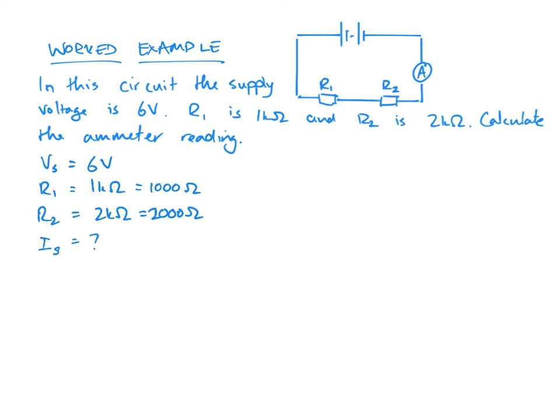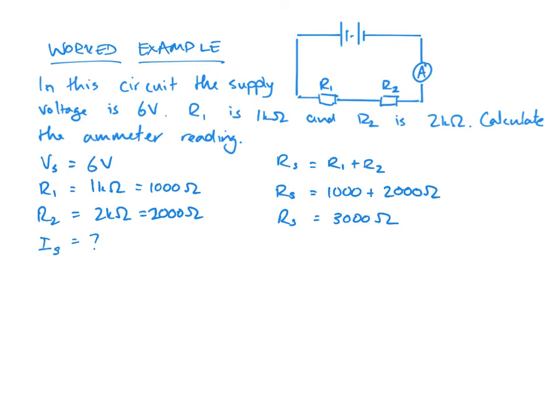So the first formula we're going to use is RS equals R1 plus R2. And quite often people don't even show the working for this, but obviously it is important, just in case you make a wee slip, that a marker knows where the numbers are coming from. So adding those two together, we can get RS is 3000 ohms.